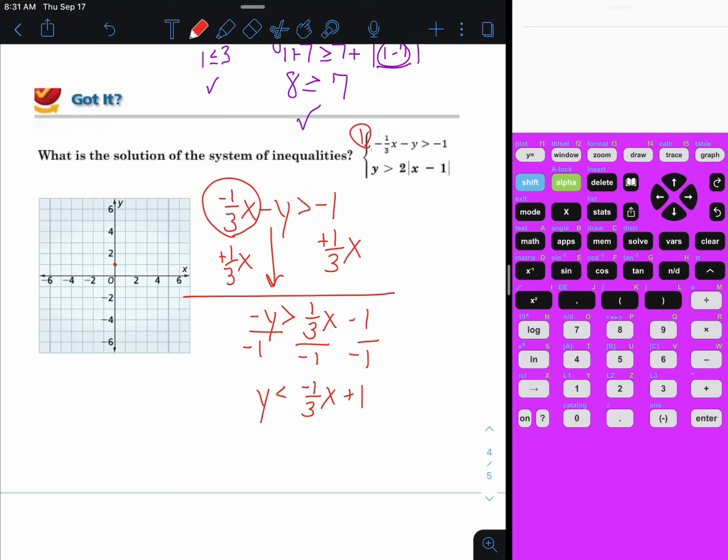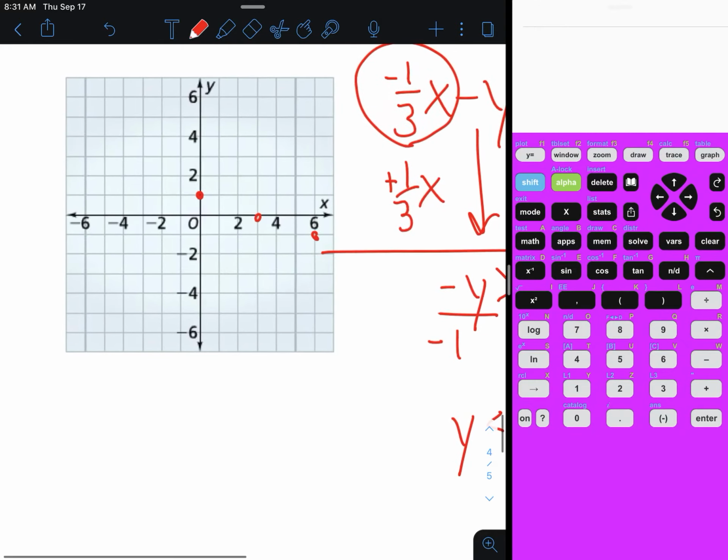I'm going to go to positive 1, go down 1 over 3, down 1 over 3. This is not a V shape because it's not absolute value. I do not have the broken line tool on mine, so I'm going to do my best to freehand this.